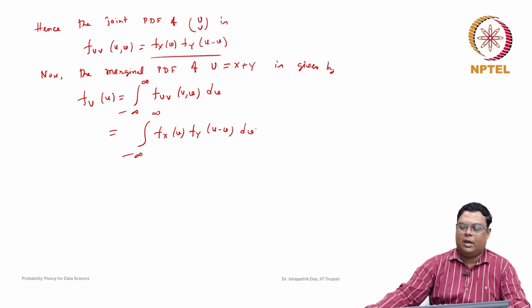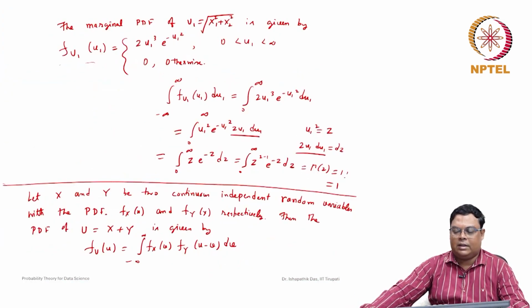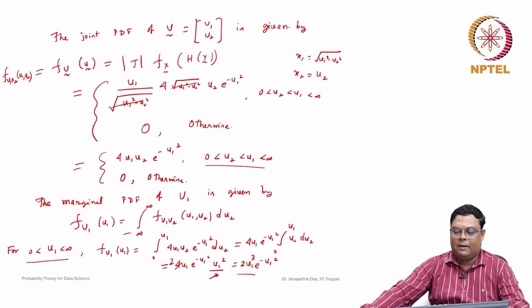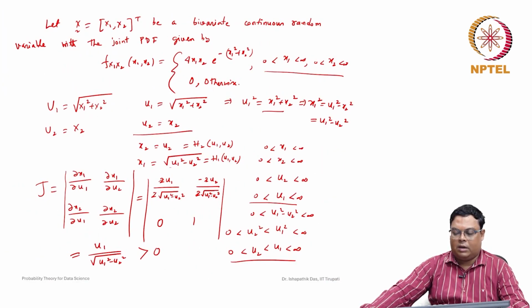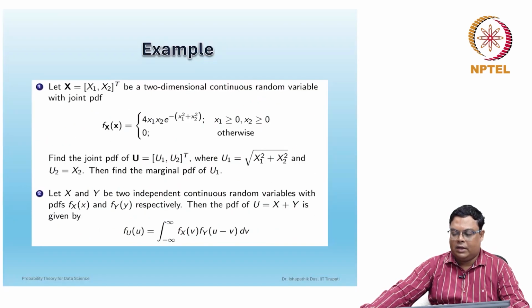So this is the theorem actually, you can see that it is given here. Let X and Y be two independent continuous random variables with probability density functions fx and fy respectively.